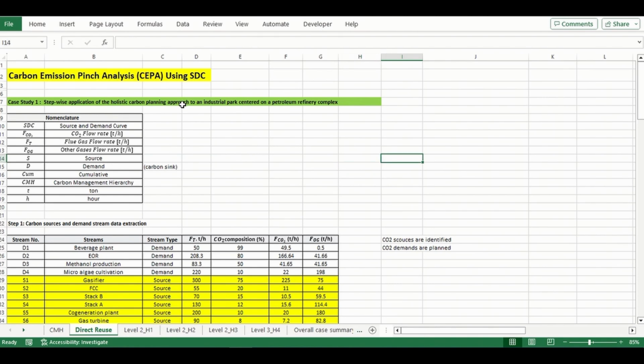The first Excel sheet, named direct reuse, focuses on two main steps.